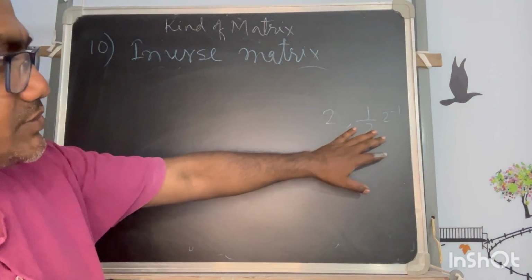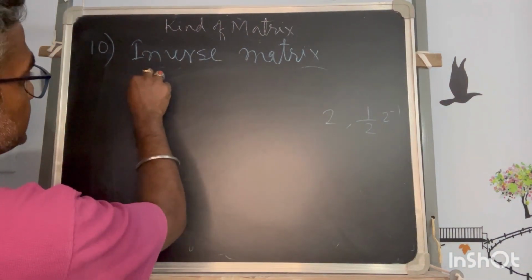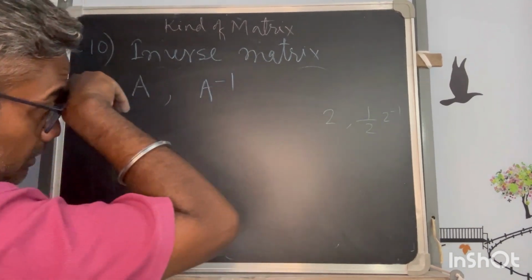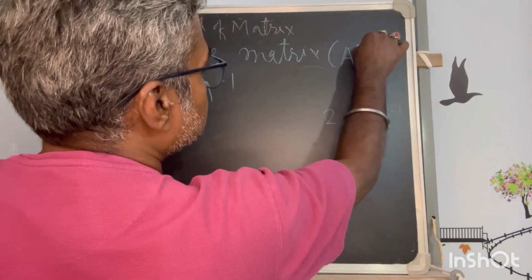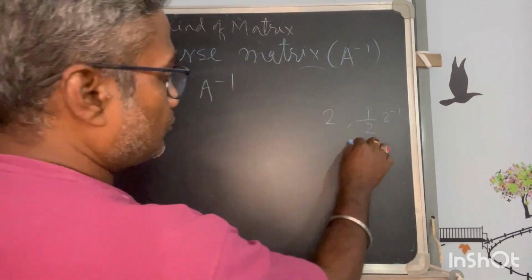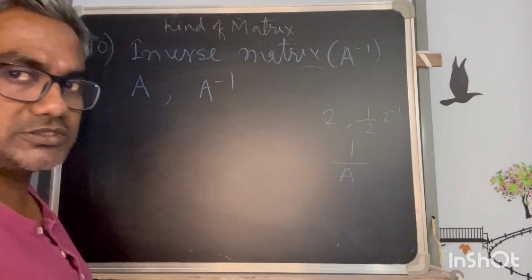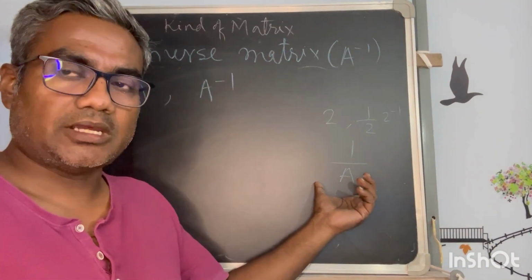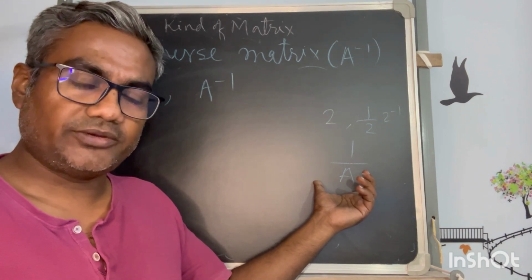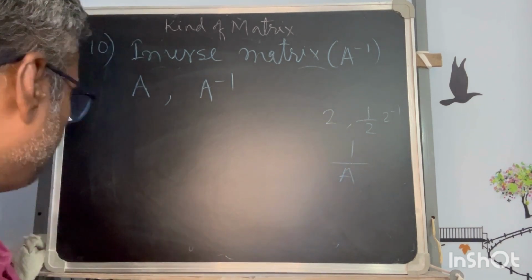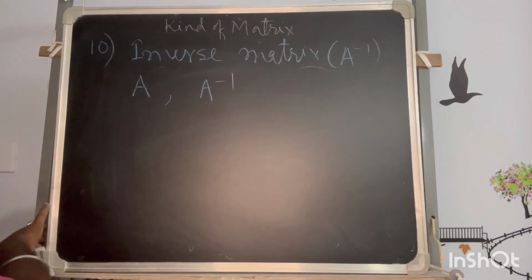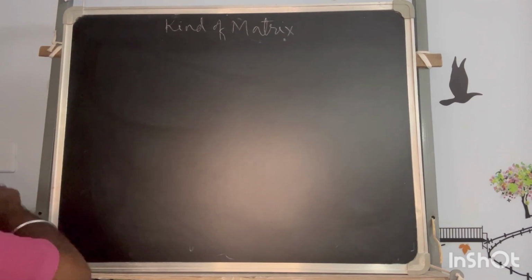But for a matrix A, the inverse is represented as A inverse, A to the power minus 1. The representation is the same as in algebra, but the meaning is not such, because 1 by matrix A is not the case. It needs a different method to calculate the inverse. So although the representation is similar to algebra, the inverse of a matrix is not calculated the same way.